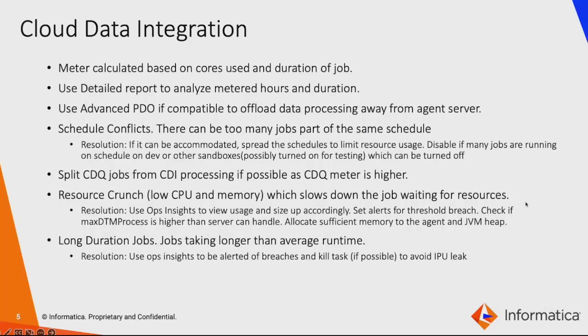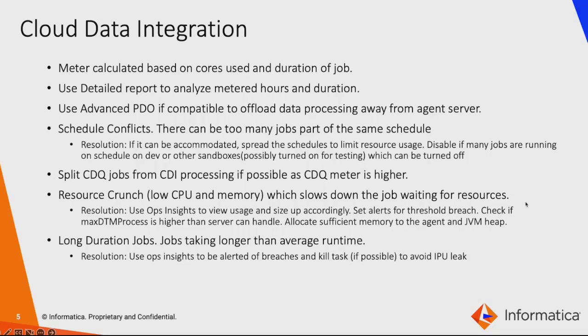So if you've been using the newer IDMC model or the IPU-based model, you would have seen that the CDI meter is based on the number of CPU cores used and the duration of the job, right? So obviously, the higher the core count and the higher the duration, the more it's going to spike up your IPUs, right?